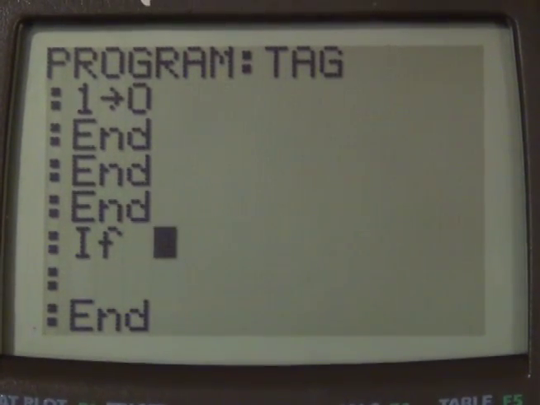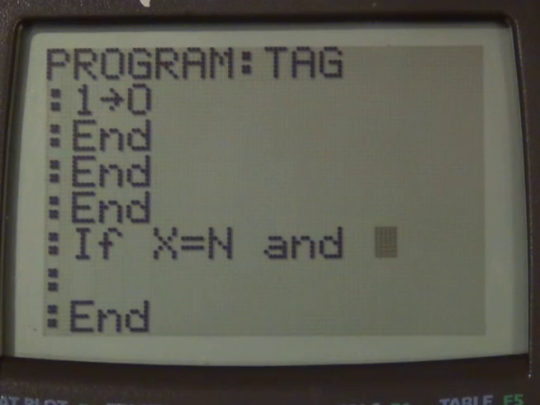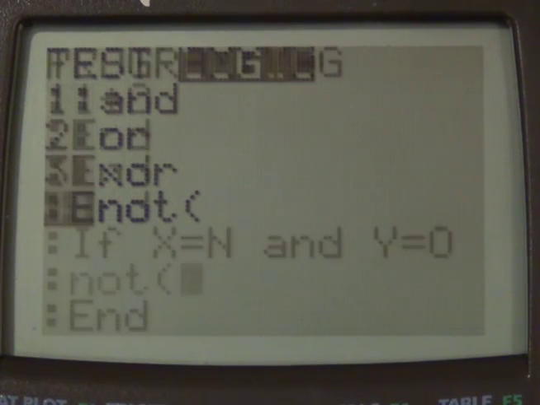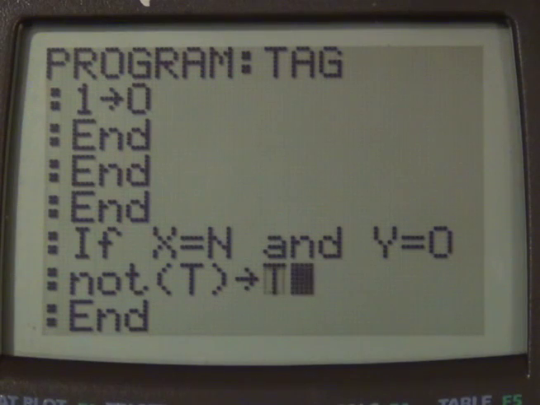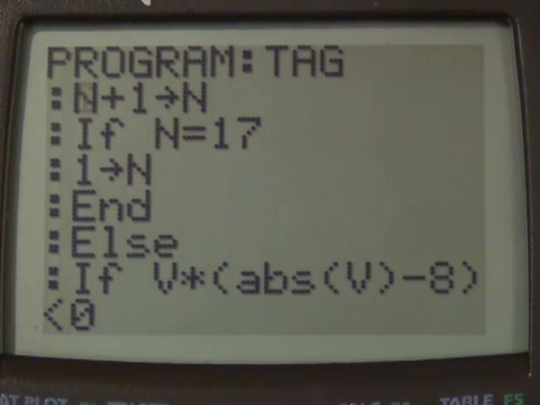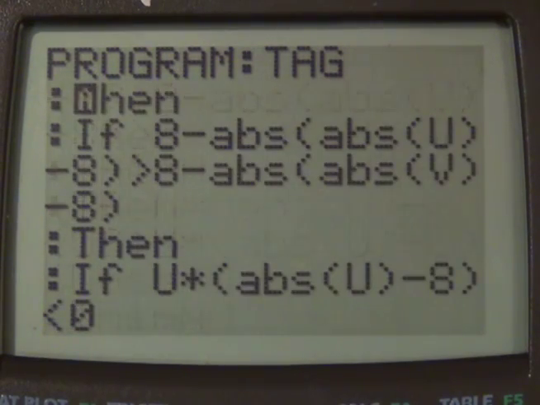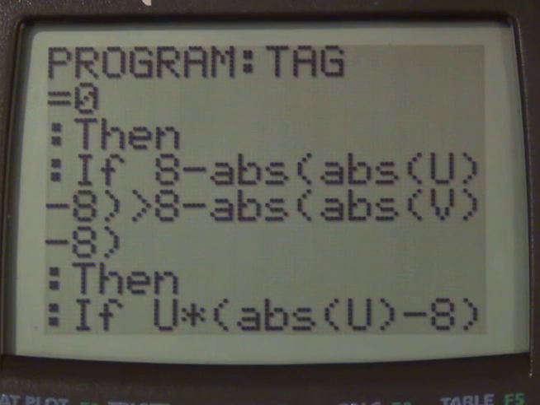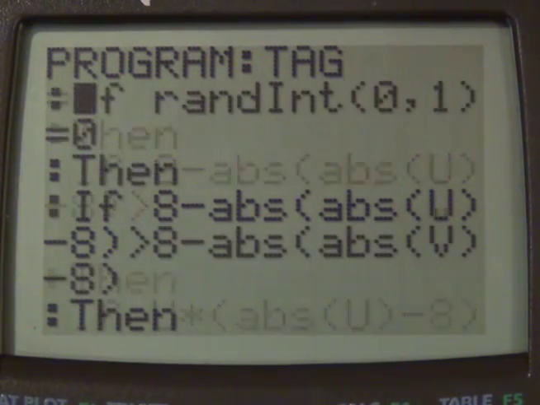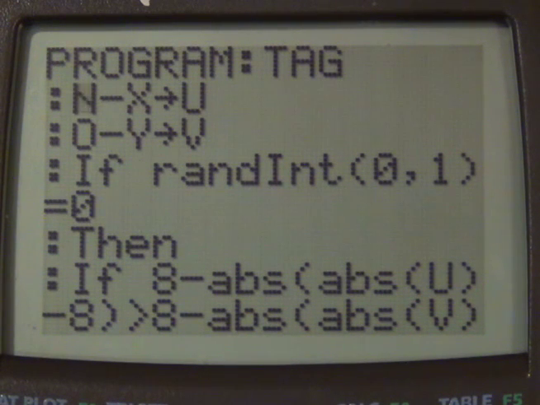So if x equals n and y equals o, then we're going to change the value of t to be the opposite to make this a full game of tag. So let's go up here. We want to do basically I think we want to do like the opposite.